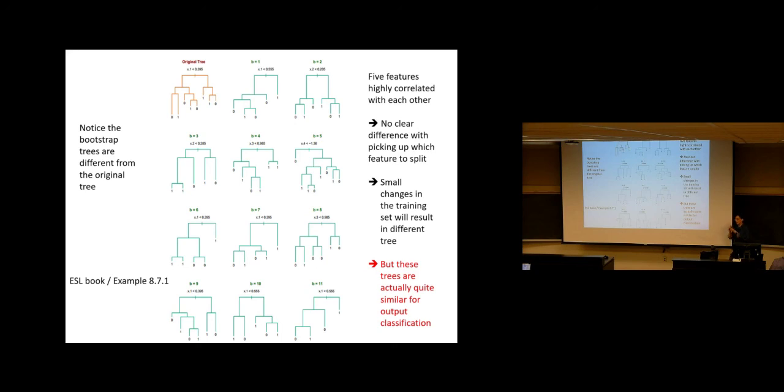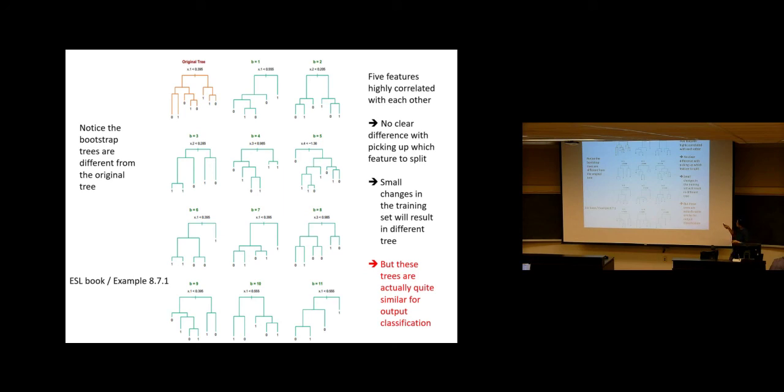And because there's high correlation among X1, X2, X3, X5, when you have just some randomness in your training data, it's very difficult for your classifier to pick which feature is the top feature, and then the next feature, and then the third feature. When should I stop? What's the depth? When should I prune the tree? How should I prune the tree?